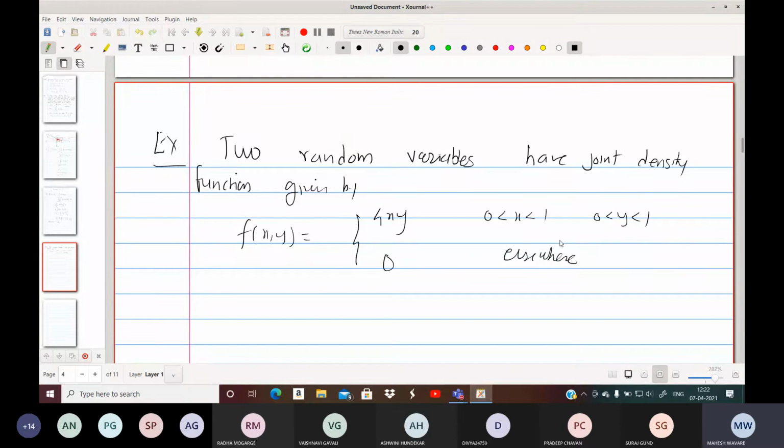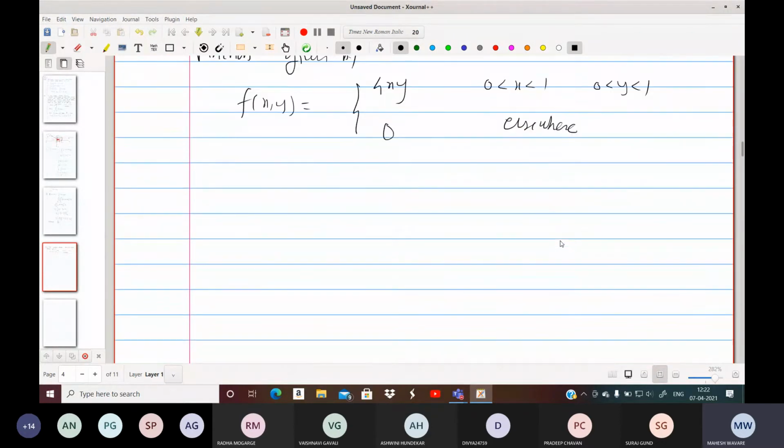So only on that rectangle 0 to 1 of x and y the function has value 4xy, otherwise in the plane the function has value 0.